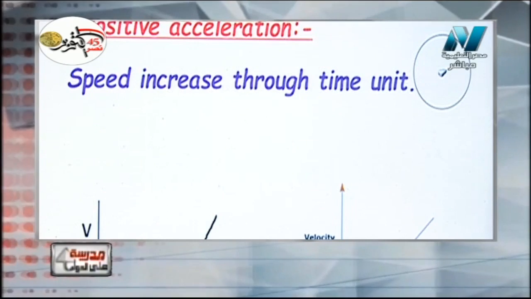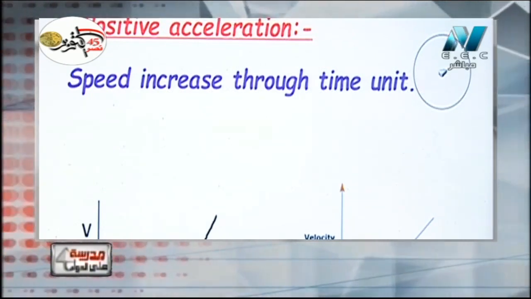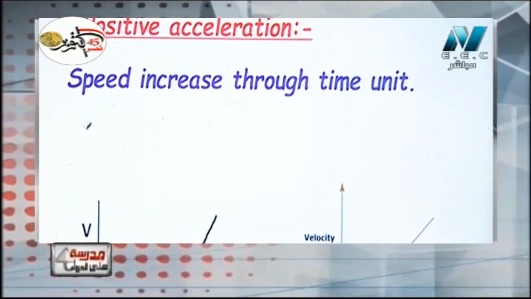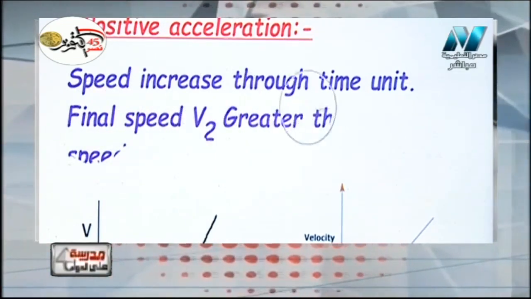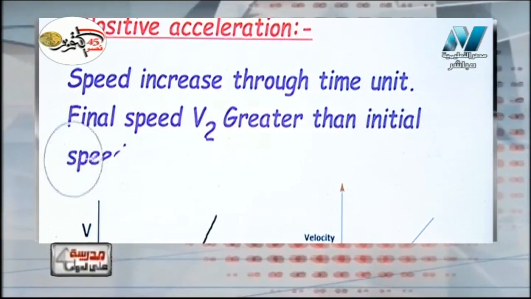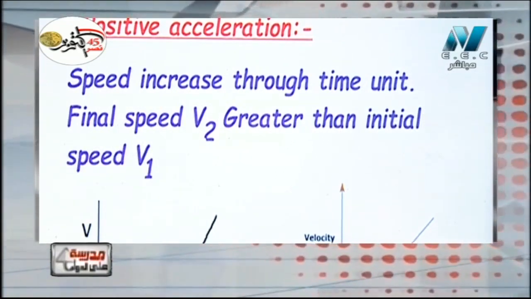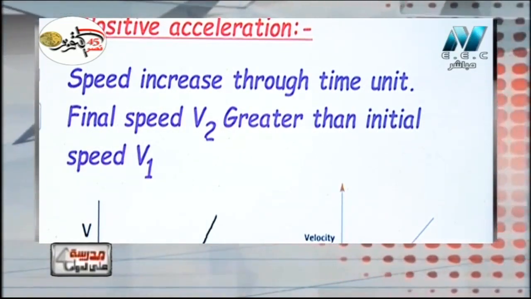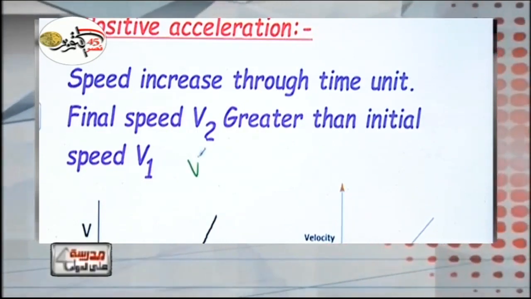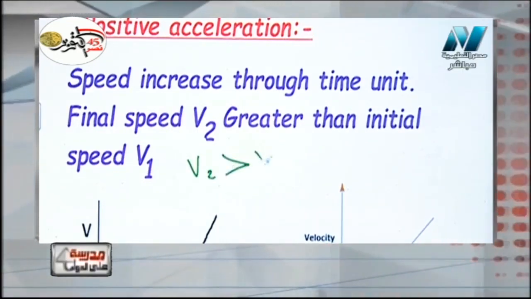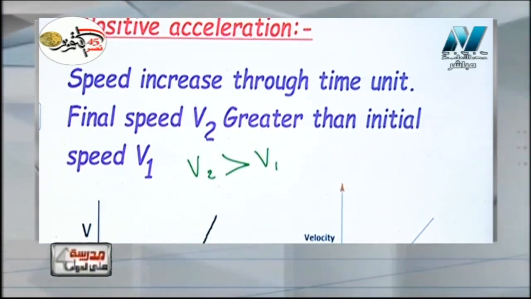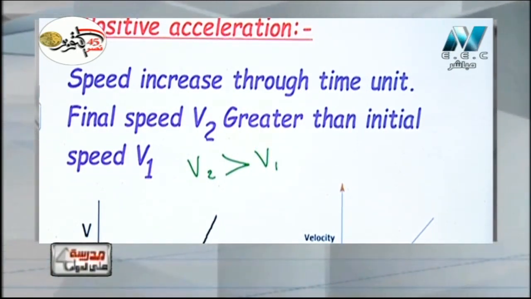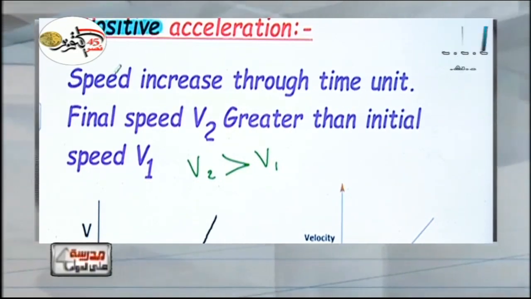So here the speed increases as time units pass. So here we have final speed greater than initial speed, so V2 is greater than V1. So the value of this acceleration is what? Positive acceleration. Pay attention.